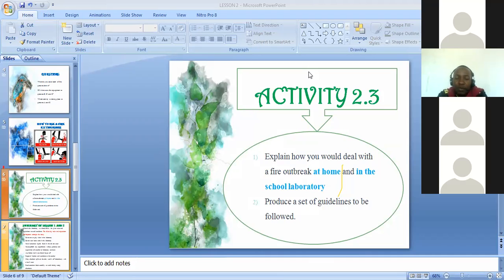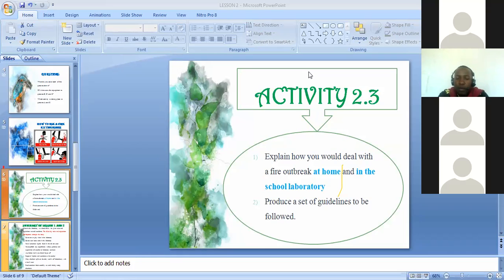Then at school, you are to use a fire extinguisher. In those two areas, write procedures you are going to use to put off that fire. For example, if I'm to use a fire extinguisher, which set of guidelines am I going to follow? Am I clear?